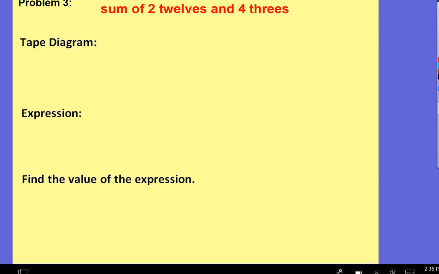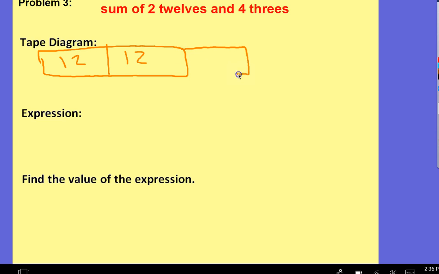So here we have the sum of 2 12s and 4 3s. So first let's start out by drawing a tape diagram of that. So if I have 2 12s, I'm going to show that as 12 and 12. And then I have 4 3s. 1, 2, 3, 4.